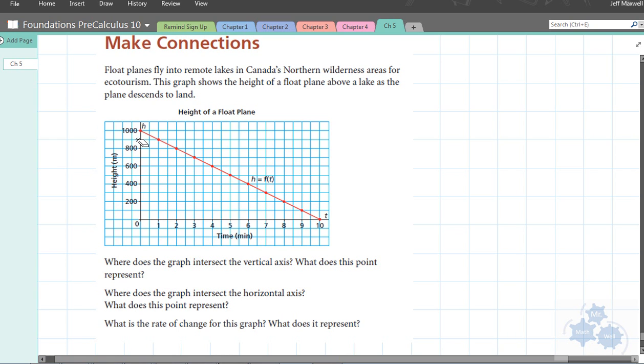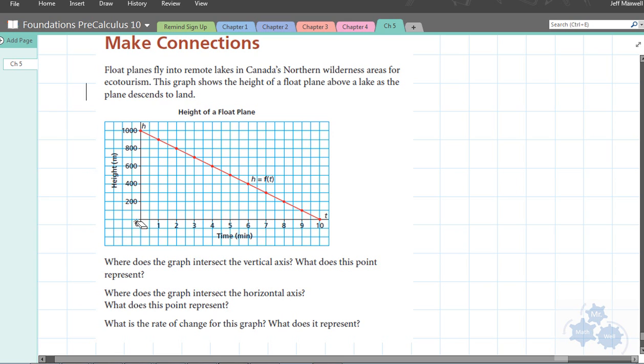I like that one, a full detail saying that this is the height of the plane as it begins its descent. And we know it's beginning why? Because look at this axis down here. This is time, and this point right here is at what time? It's at time 0. So whenever you see a time 0 on the x-axis, that's a pretty good idea that that's when this whole thing is starting.